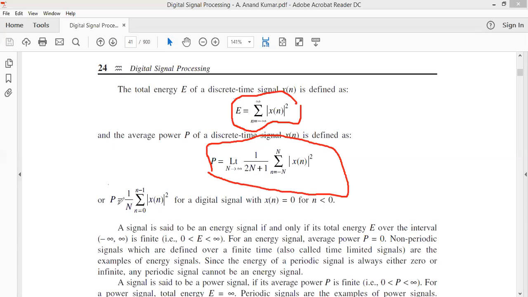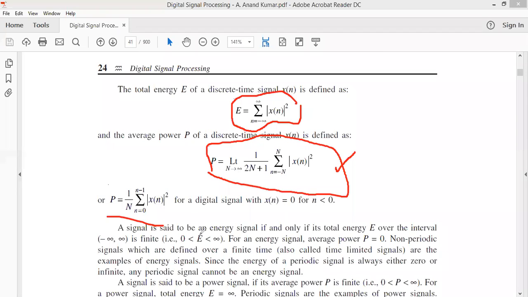Now if you want the power over one period, power can be found using 1 by N summation n equals 0 to N minus 1 of mod x of n square for discrete time signals with x of n equal to 0 for n less than 0. So we are just finding the power in one period. This is the formula we have to use to find the average power of a signal.